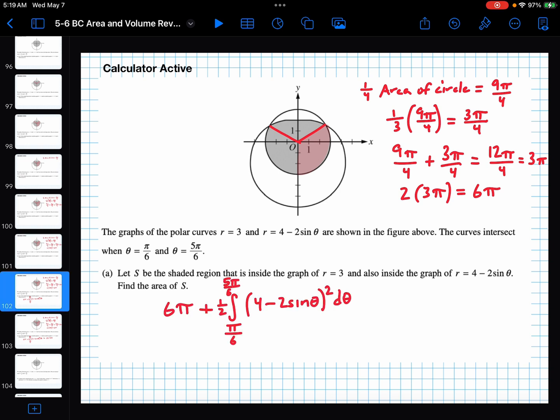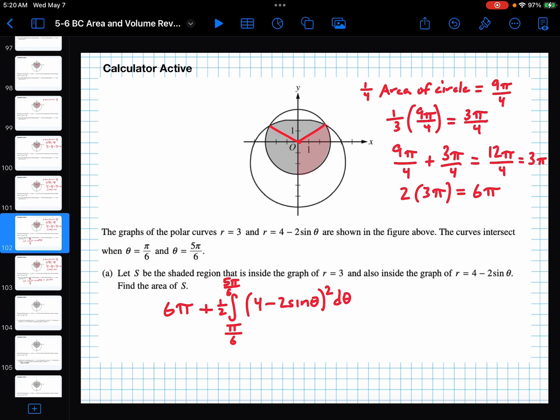So I'm taking the 6 pi for the region I calculated by geometry, plus the area bounded by a polar graph: 1/2 times the definite integral from my starting angle of pi over 6 to my ending angle of 5 pi over 6 of r squared d theta. I'm allowed to use a calculator. Just use x on the calculator instead of theta if you're doing this on the graphing calculator, and we wind up with 24.709.